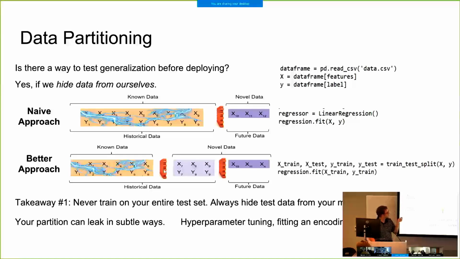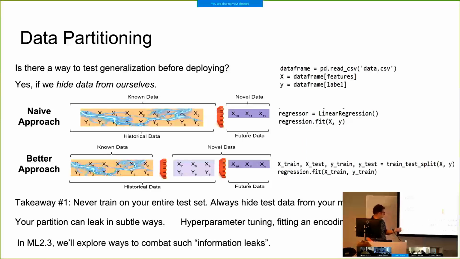The stuff that your model trains on implicitly leaks. So partition leaking is a sophisticated topic that we're actually going to be exploring in course 2, week 3. But for now, just be aware that this topic is more important than those 2 lines of code. It's a more general topic.